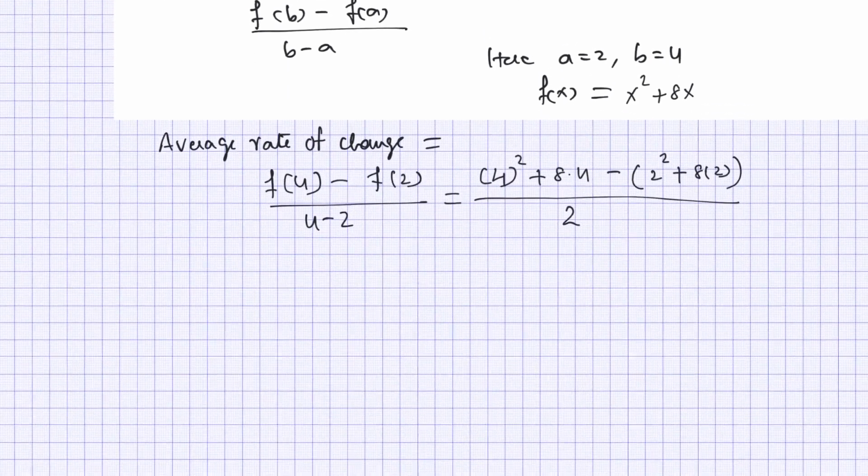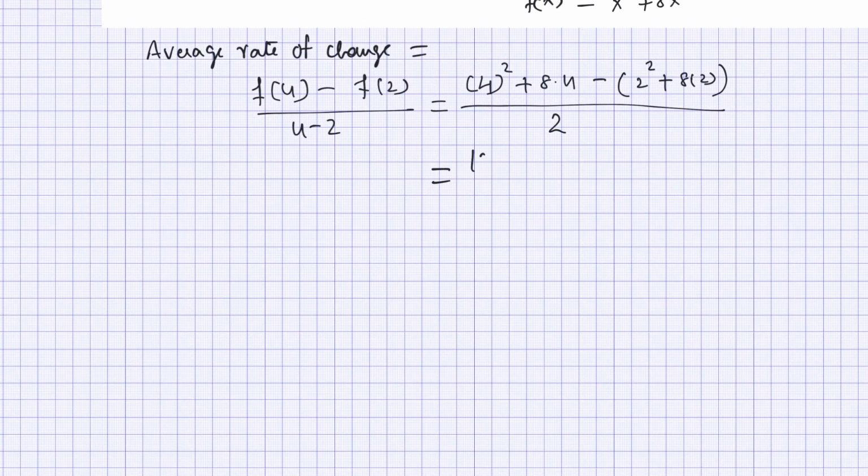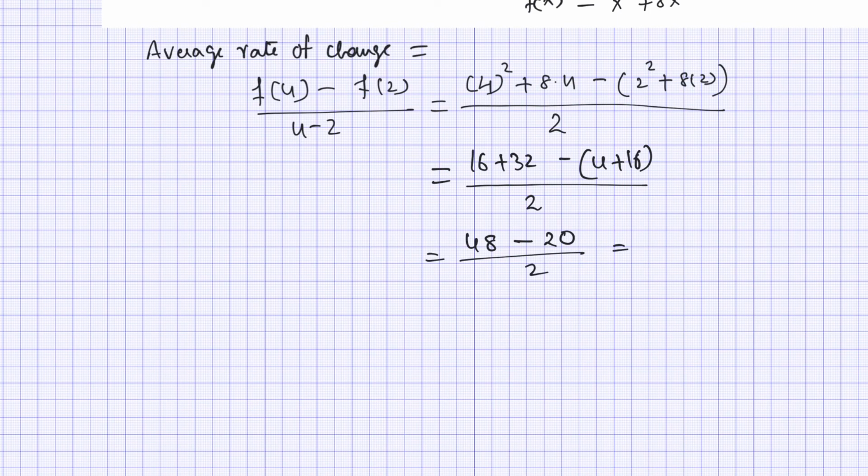This equals 16 plus 32 minus the quantity 4 plus 16, over 2, which simplifies to 48 minus 20 divided by 2, which is equal to 28 over 2 equals 14. This is the average rate of change.